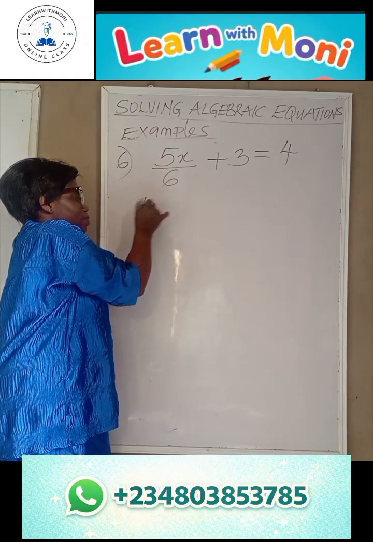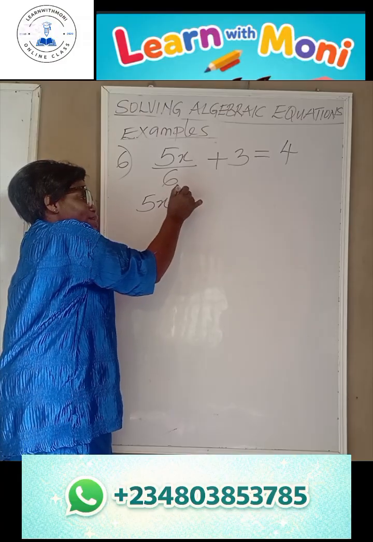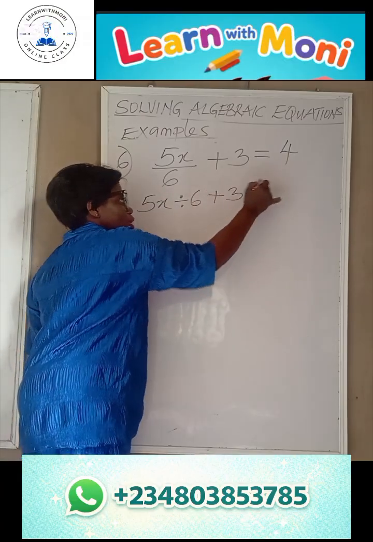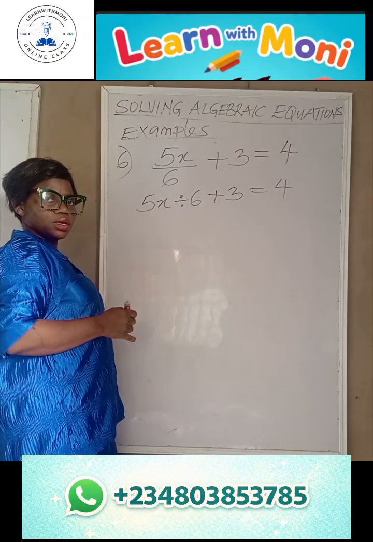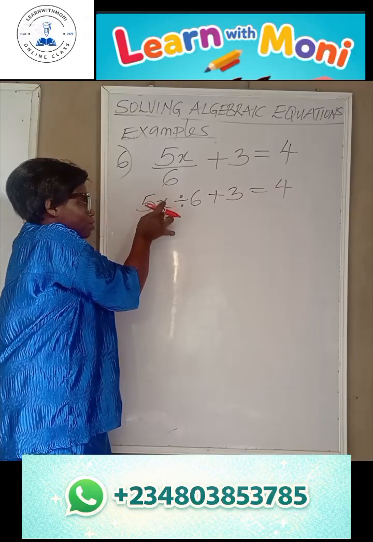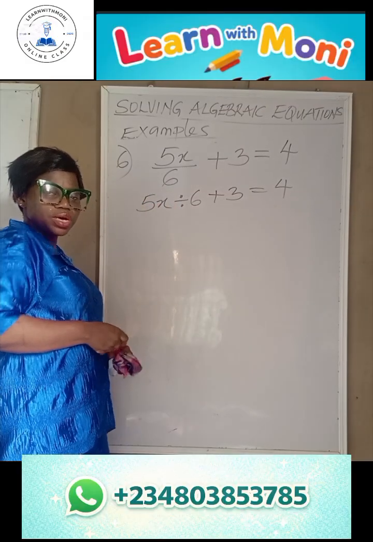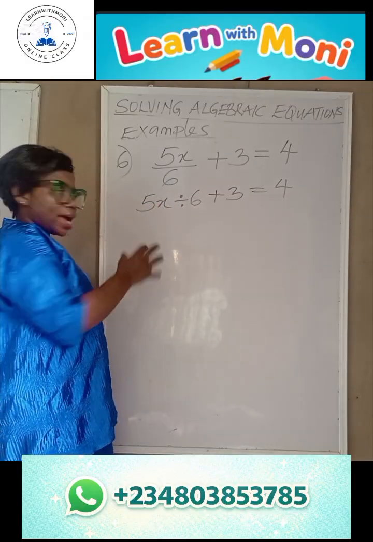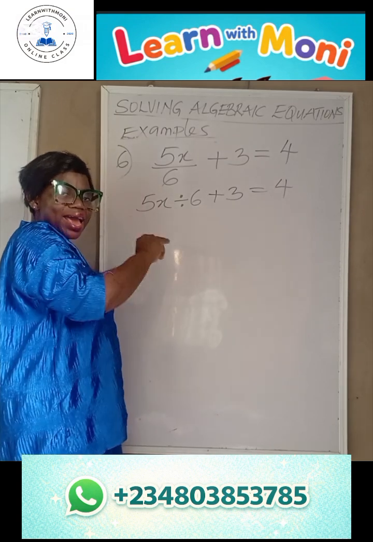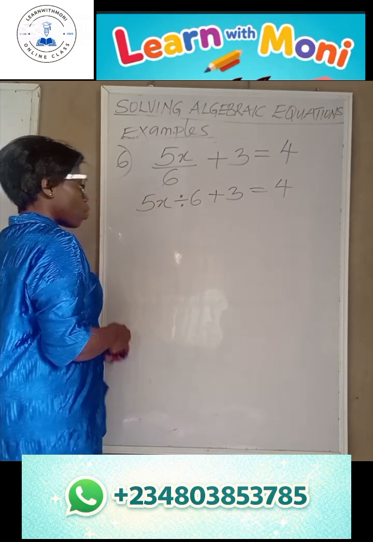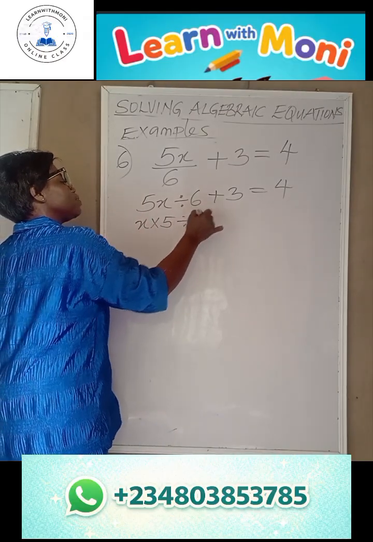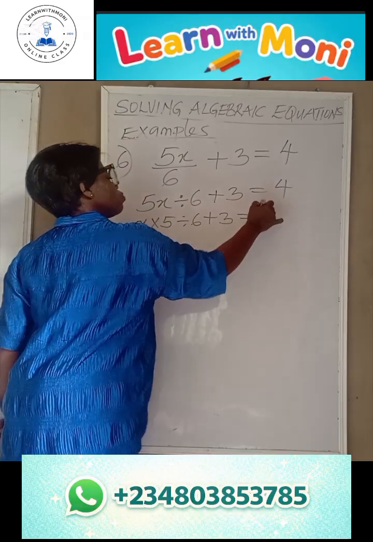The 5x is divided by 6, then plus 3 equals 4. Like I said earlier, whenever a number is sitting together with your variable, it means there is a multiplication sign binding them together. So this 5x means x times 5. So I have x times 5 divided by 6 plus 3 equals 4.